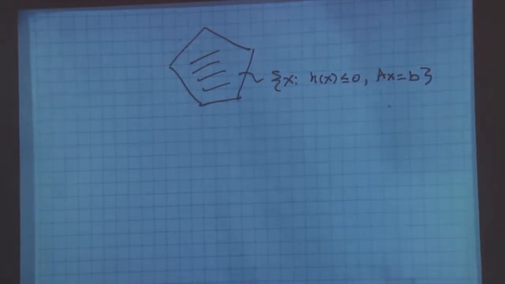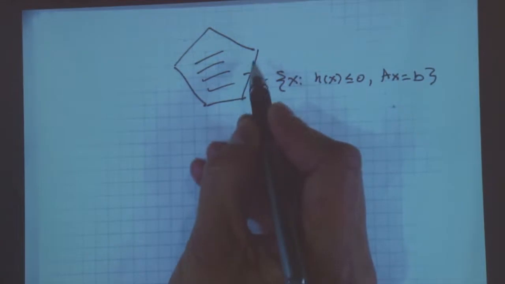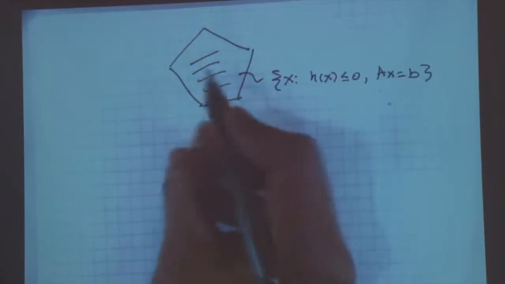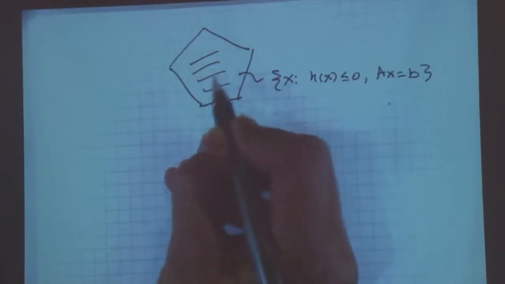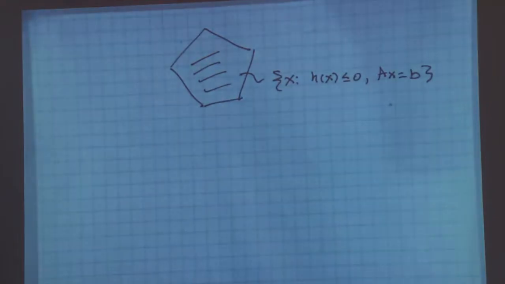And intuitively, you can think about phi of x as some kind of magnetic forces that are pushing you away from the boundary of that set. So if you look at the phi of x function, you see that when we approach the boundary of the feasible set, when any of the h values approaches 0, then that barrier function blows up.